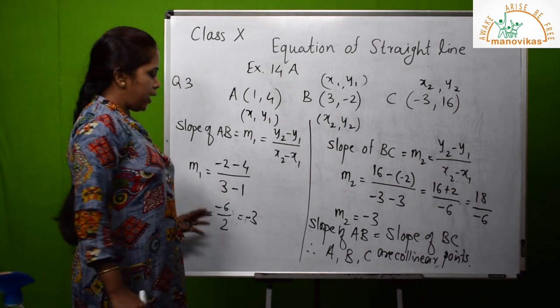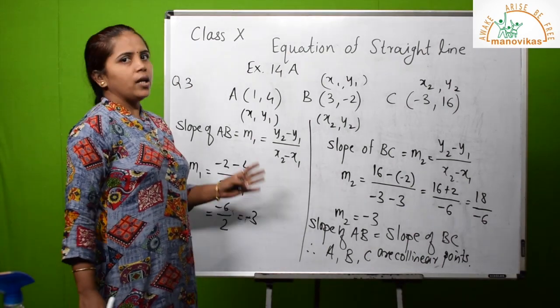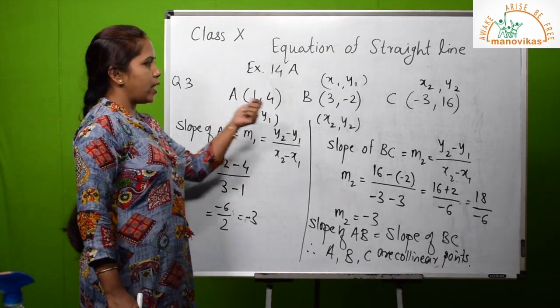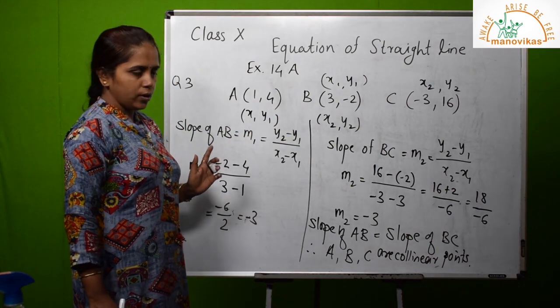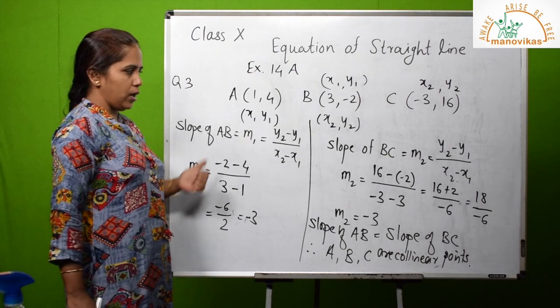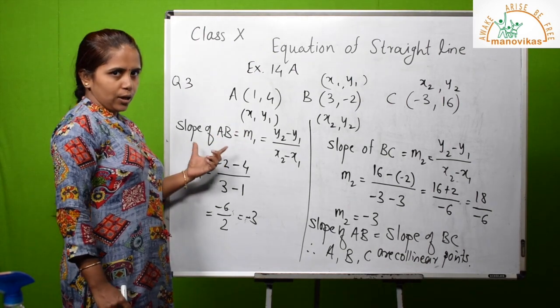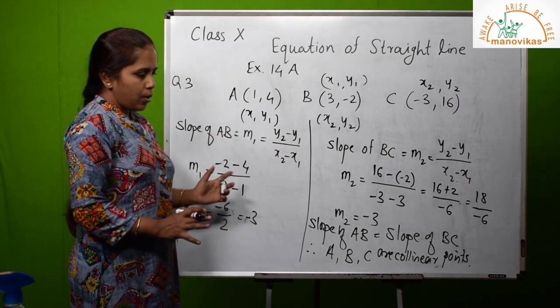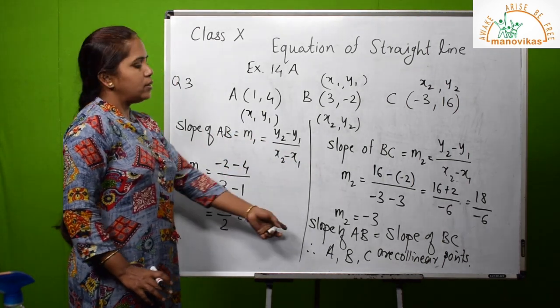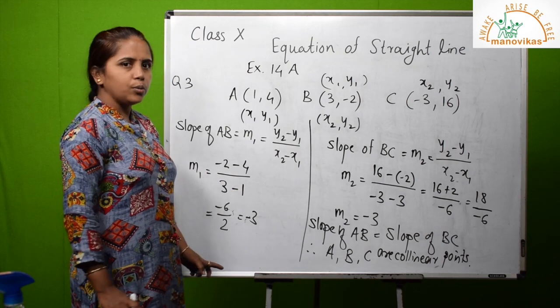Slope of AB is equal to slope of BC. Therefore, the given points A, B, C are collinear. Hence, we proved it using the slope formula. Separately calculate the value of slope of AB and slope of BC. Compare. If both are equal, then A, B, C are collinear points.